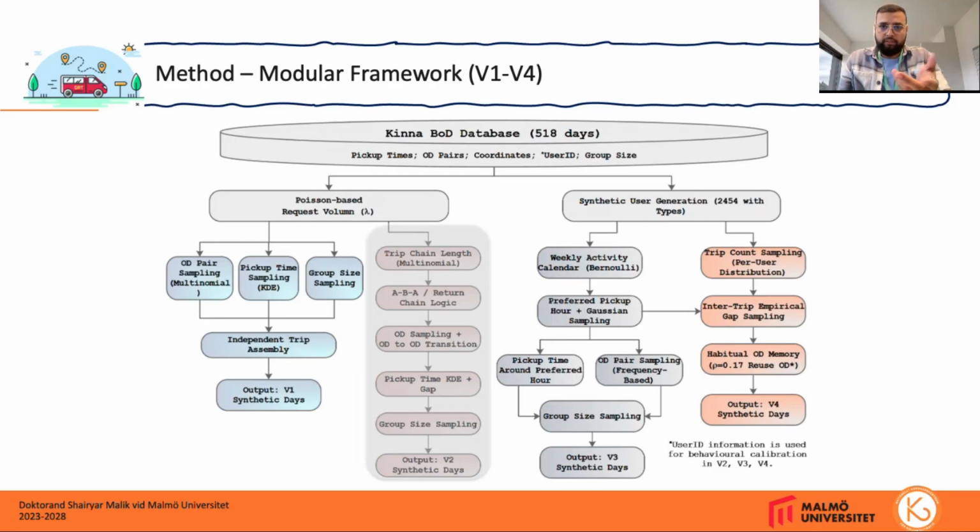So we define the trip chain length probabilistically, using the probabilities that we have seen in the real data. And the OD to OD transition was the same, to reproduce the intraday continuity. So this model addressed the challenge that we have discussed before, the missing trips and unlinked journeys.